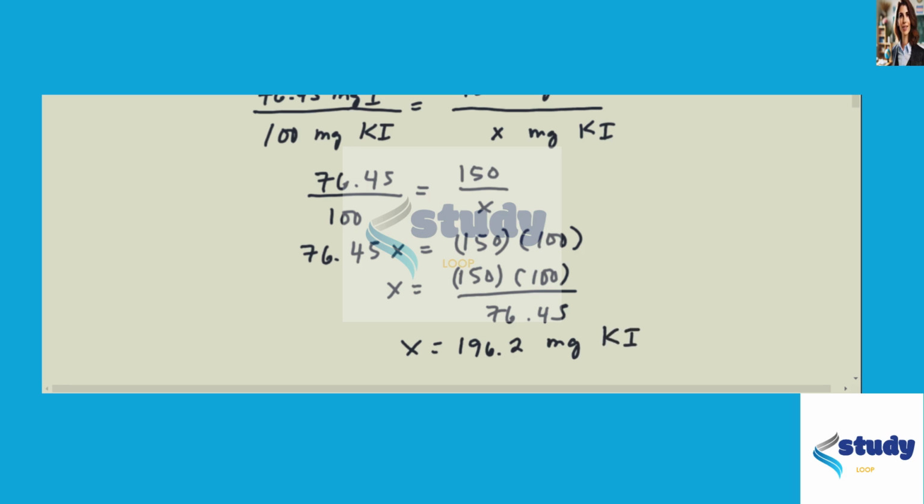So this is the amount of potassium iodide that you need in order to receive 150 milligrams of iodine.